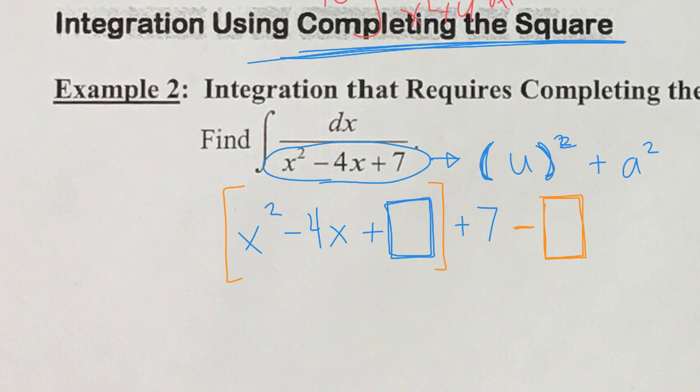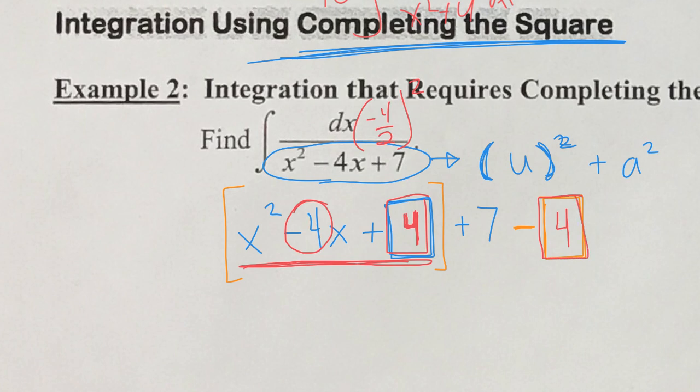To do that, we take half of this value, so negative 4 divided by 2, and then we square it. So 4. 4 goes in this box. 4 is what makes this into a perfectly factorable trinomial. But we also have to subtract our 4 out here in order to stay balanced. Okay? So this is adding 0. Right? I added 4 here, which means I have to subtract 4 there so that I actually add 0.